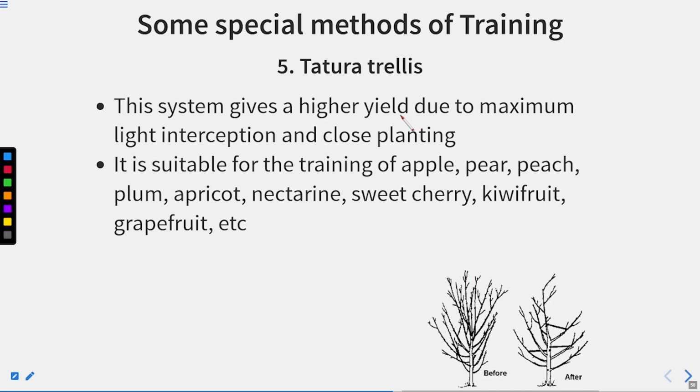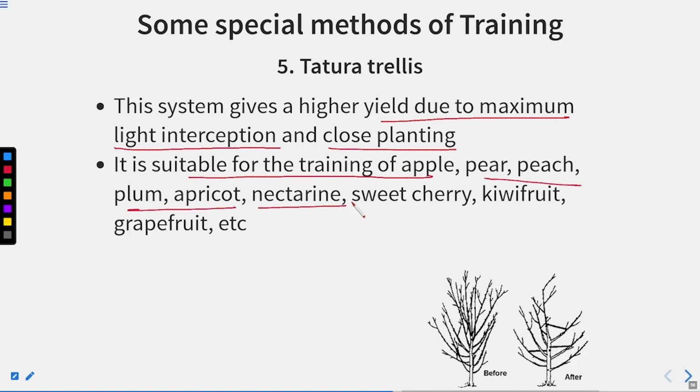This system gives a higher yield due to maximum light interception and close planting, and it is suitable for the training of apple, pear, peach, plum, apricot, nectarine, sweet cherry, kiwi fruit, grapefruit. So in this particular system, it gives higher yield due to the maximum light interception.